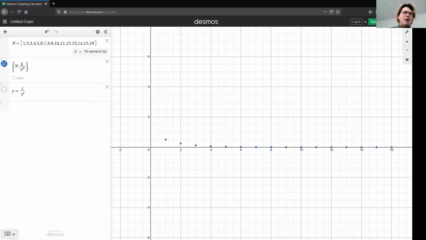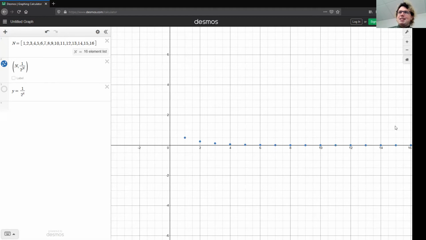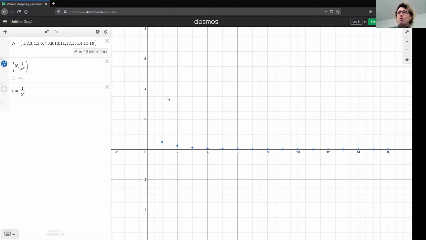And I find all of that out based on the formula right here. The nth term of the sequence is 1 divided by 2 to the power n. And so this gives us a different picture of the very same information.